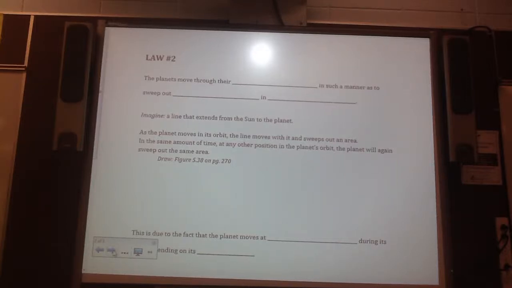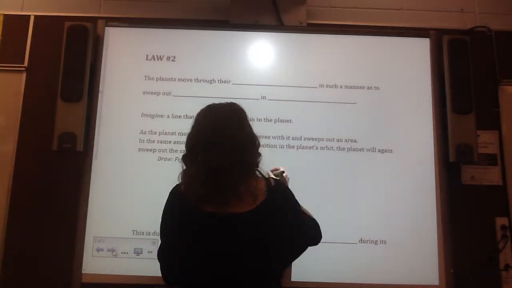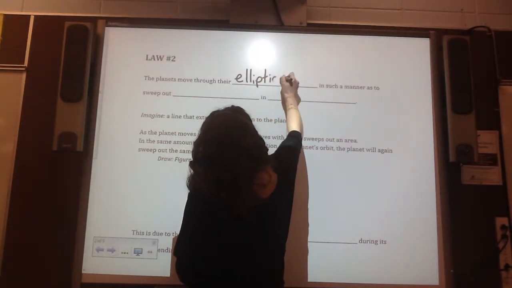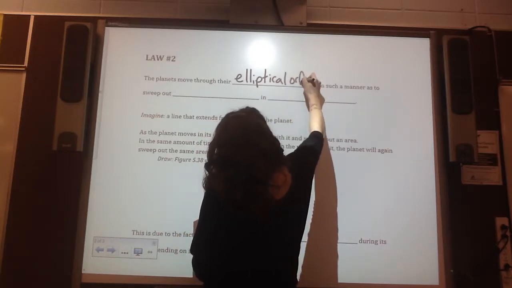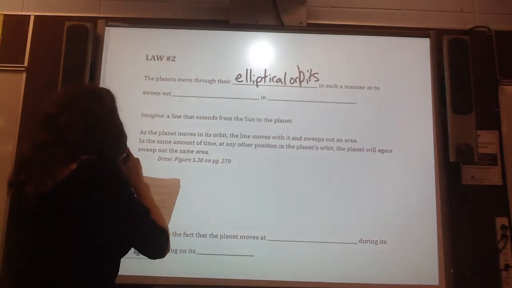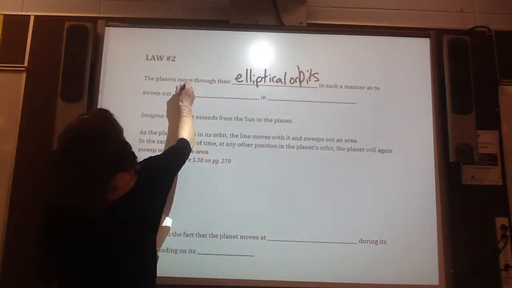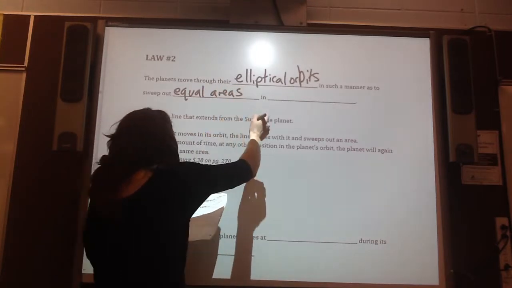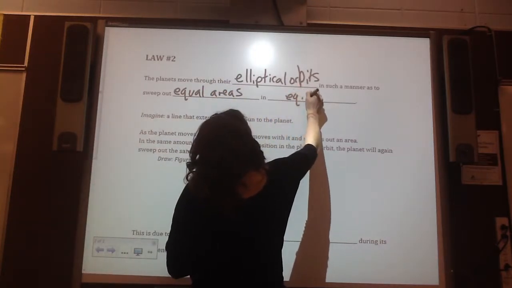Law number 2. So he said that the planets move through their elliptical orbits in such a manner as to sweep out equal areas in equal times.